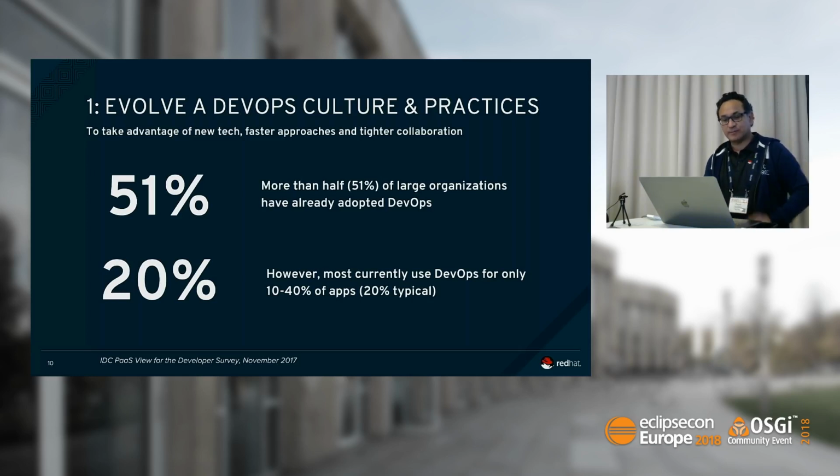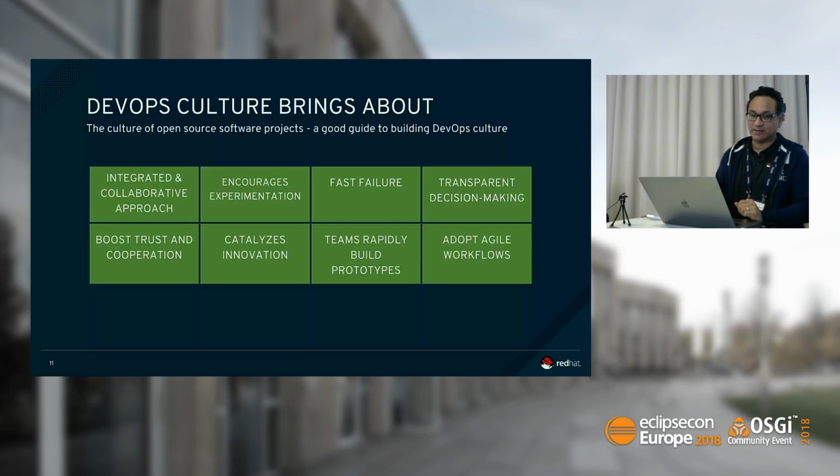These are the results from a developer survey done at the end of last year by IDC, in which 51% of the respondents said that they had already adopted DevOps. However, out of those, only 20% were using DevOps for 10 to 40% of their applications. So there is still room for organizations to continue adopting DevOps.